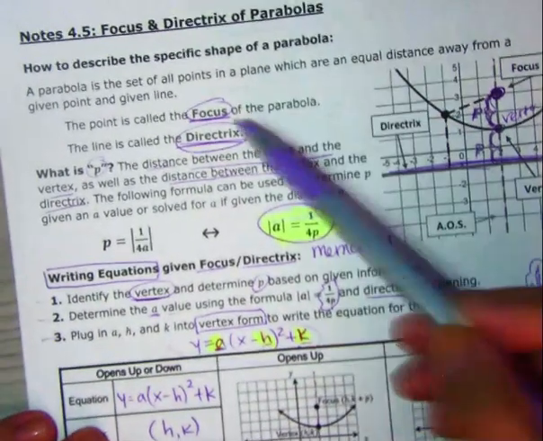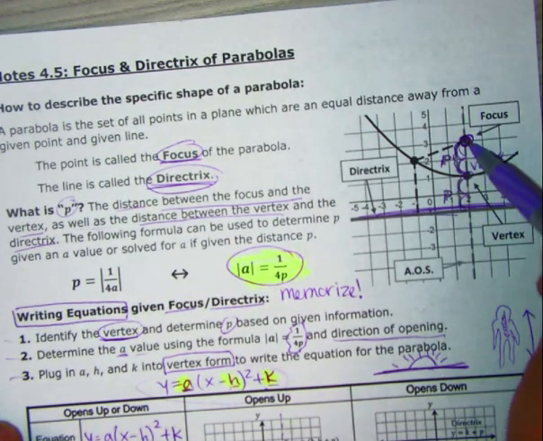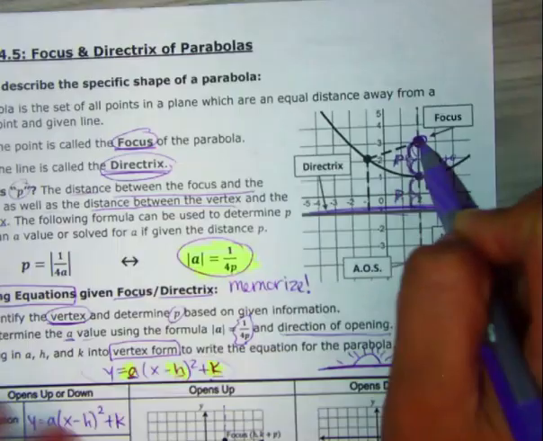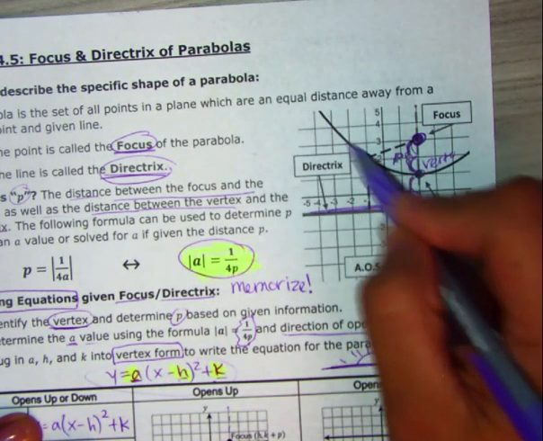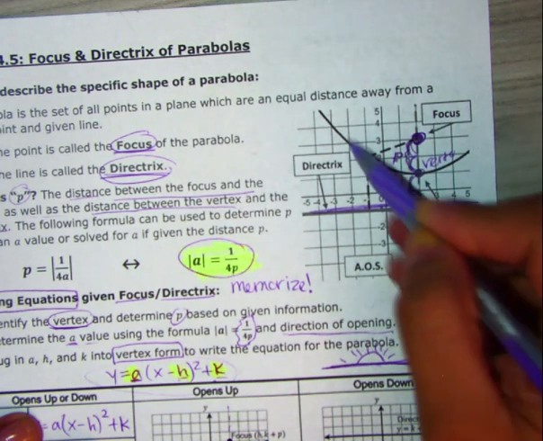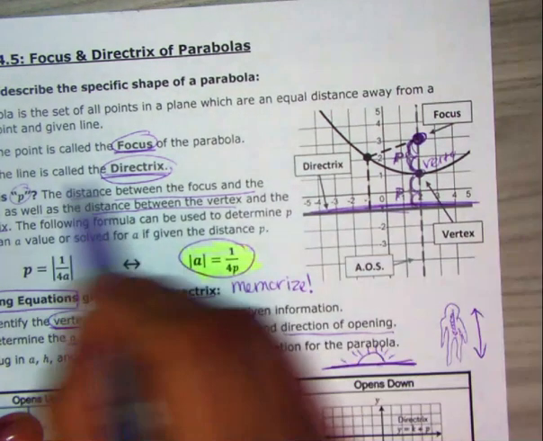We talked about how the focus is a point inside the parabola. It's called a focus because the distance from any point on the parabola to the focus is the same as the distance from that point to the directrix. So what is the directrix?